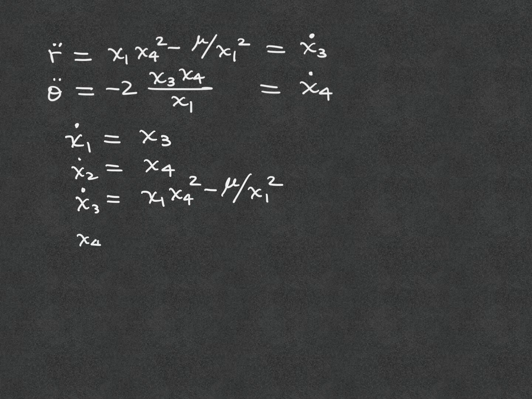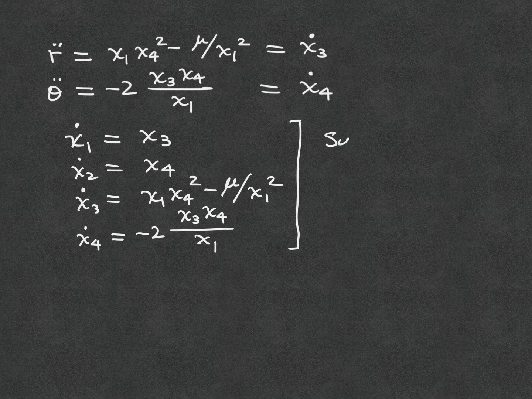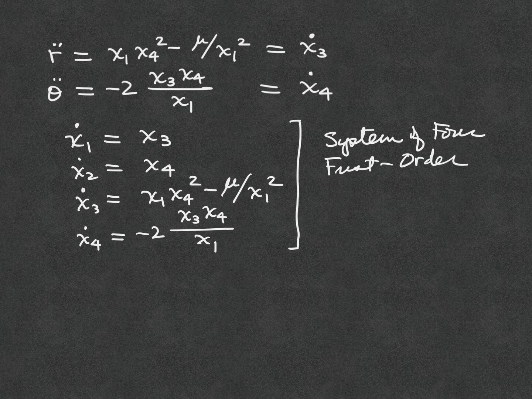And x4 dot is equal to minus 2 x3 x4 all divided by x1. So now this system of equations, as you can see, is a system of 4 first order differential equations.